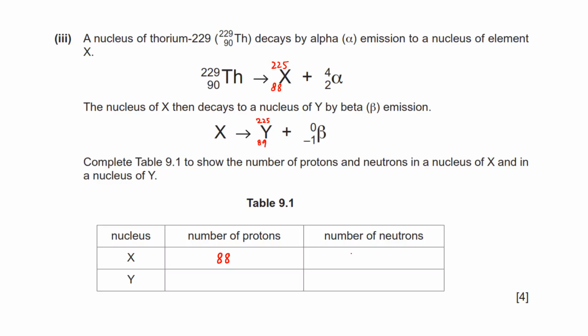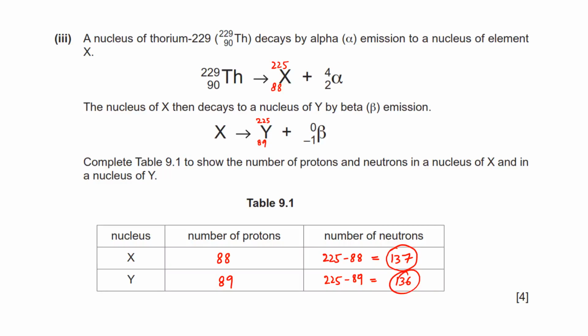And the number of neutrons will be 225 minus 88, and this comes out to be 137. Okay. For Y, the number of protons is 89, and the number of neutrons is 225 minus 89. It comes out to be 136. Okay. So this is how you simply fill a table.